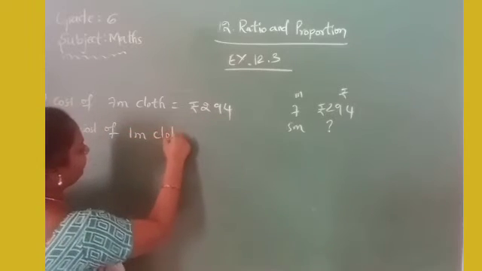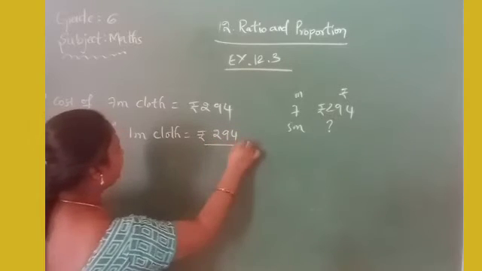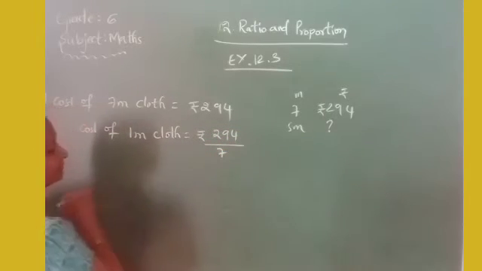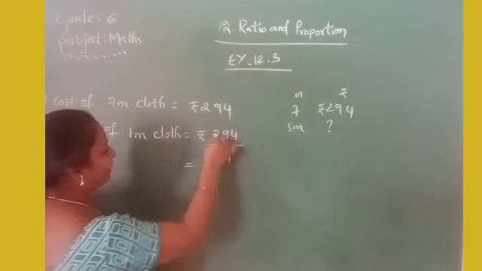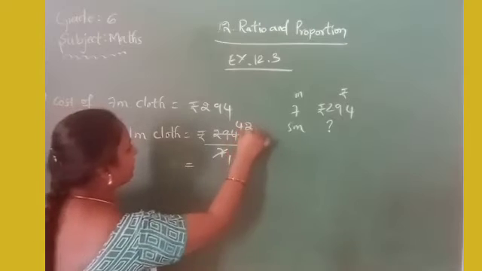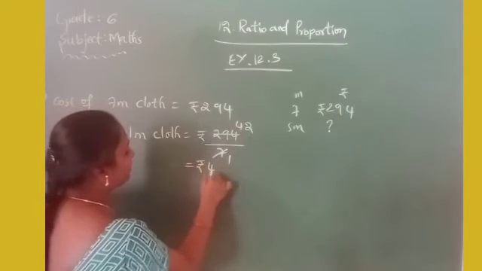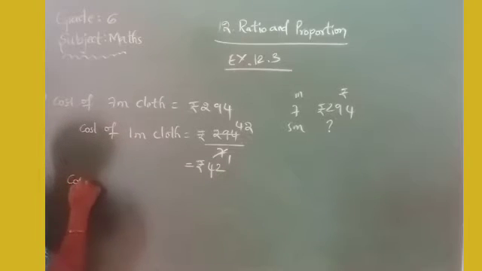Cost of 1 meter of cloth is equal to 294 by 7. You can simplify here. 7 fours are 28, 14 is there, 7 twos are 14. What is the cost of 1 meter of cloth? 42 rupees.